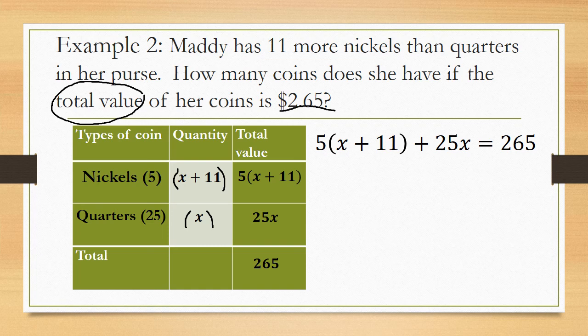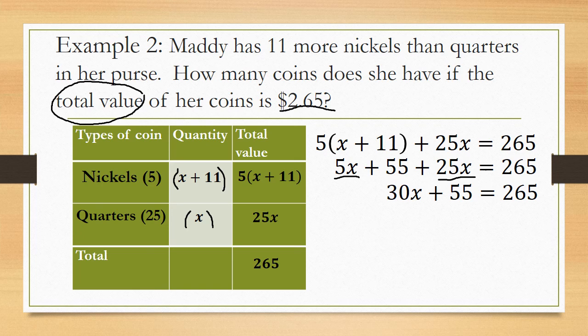This is an equation that you guys are now very comfortable solving, so we know that the first step is to distribute. So we're going to end up with 5X plus 55 plus 25X equals 265. We have like terms, 5X and 25X, which means we can combine them. We're going to end up with 30X plus 55 equals 265.